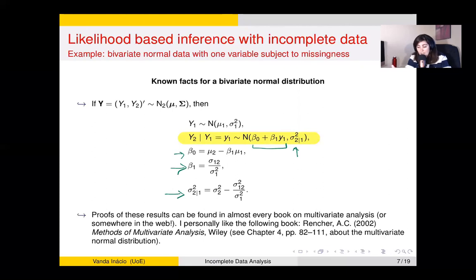So basically I'm using the parameters of the mean vector and of the variance covariance matrix. But the good thing is that the conditional distribution of y2 given y1 follows a univariate normal distribution with these parameters.